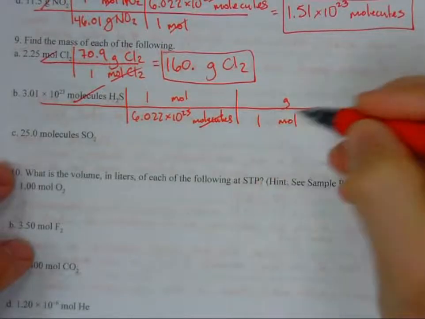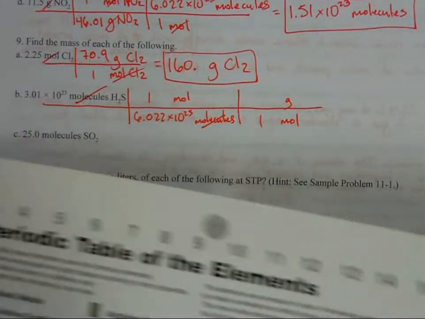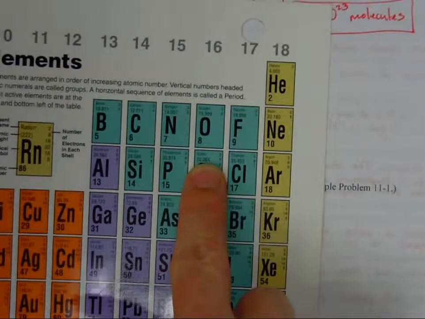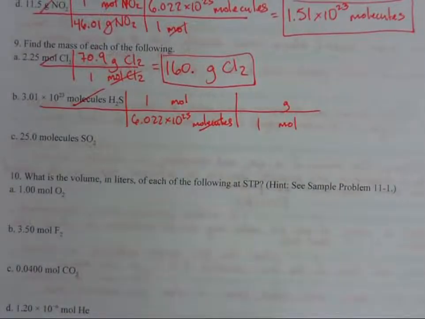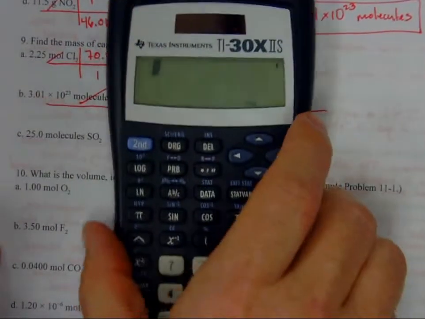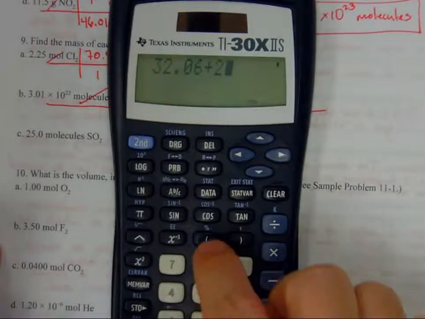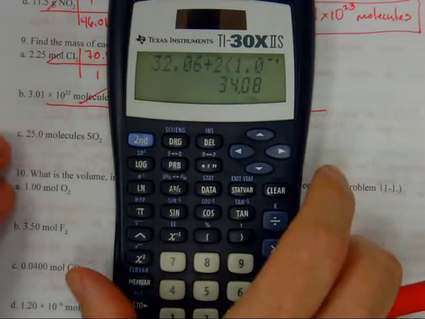Well, I don't know what the molar mass of H2S is, so let's calculate it. So I need the molar mass of S right there on your periodic table, 32.06, plus the mass of 2 hydrogen atoms, 34.08.